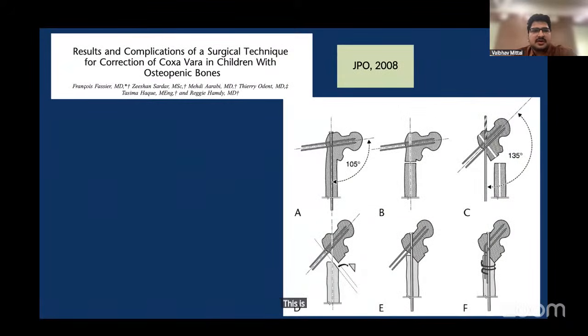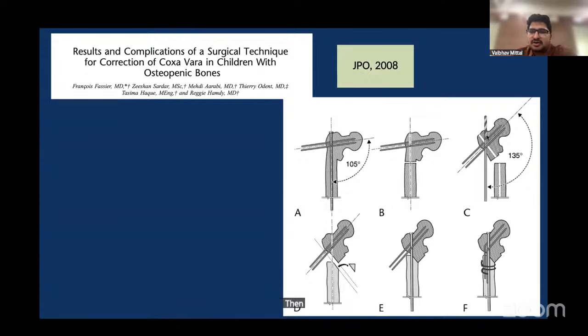This is a paper by Faziar published in JPO 2008. They did a modified Wagner's osteotomy by passing two K wires in the neck, anterior to posterior and posterior to anterior, and a transverse subtrochanteric osteotomy was done, and then valgus was achieved.